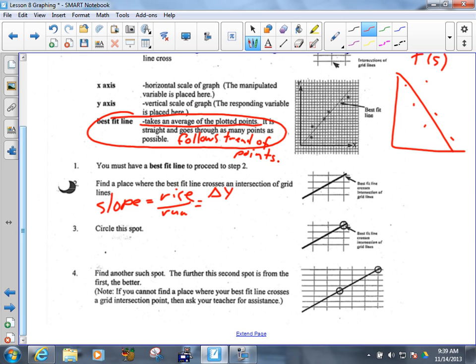The triangle is delta, and delta means change in. So I have a triangle here. It's delta y, meaning the change in y over the change in x. You may have seen this written in math as y2 minus y1 over x2 minus x1.